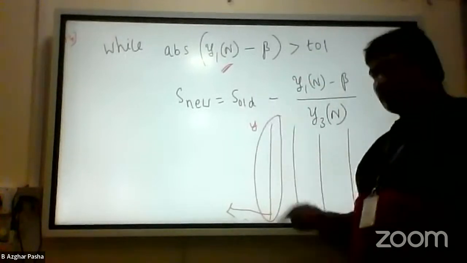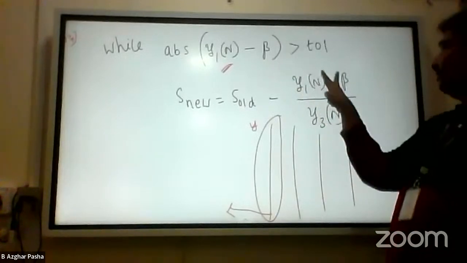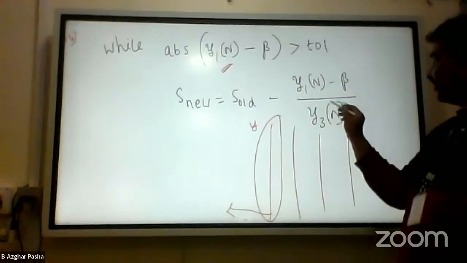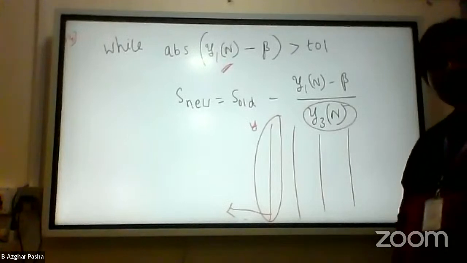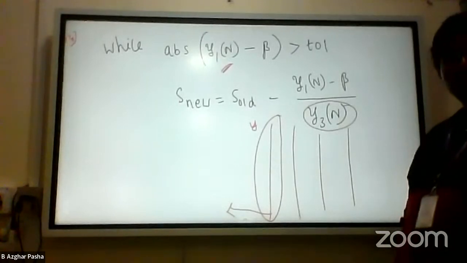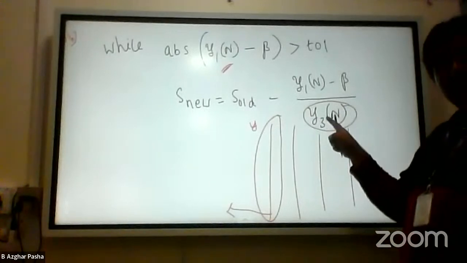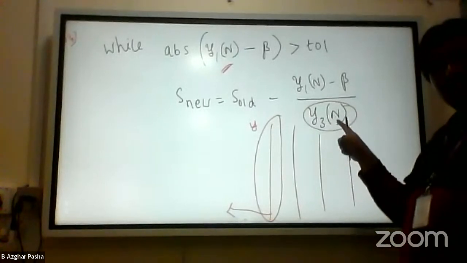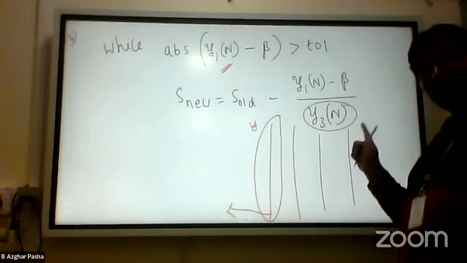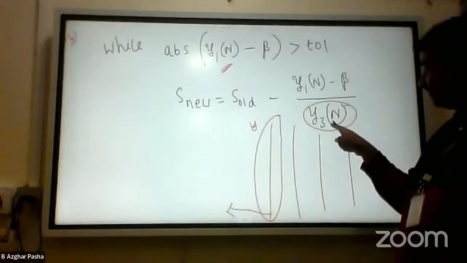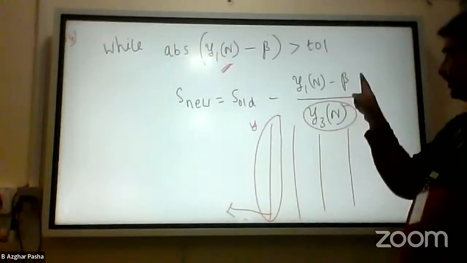S new is equal to S old minus that difference value divided by, what is this? This is U. You have seen another initial value problem variable here, U. U is y3.